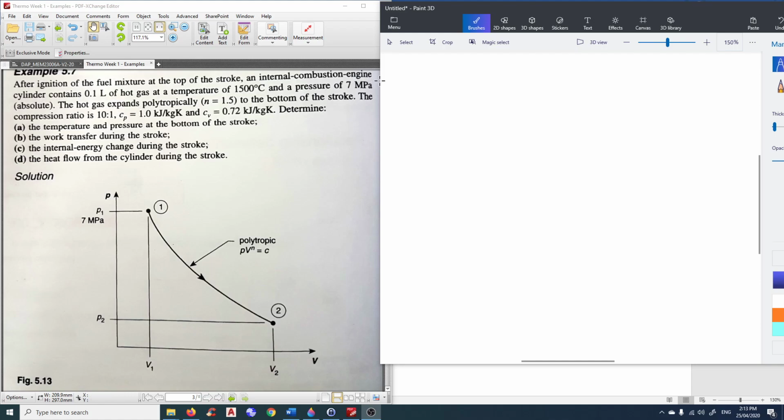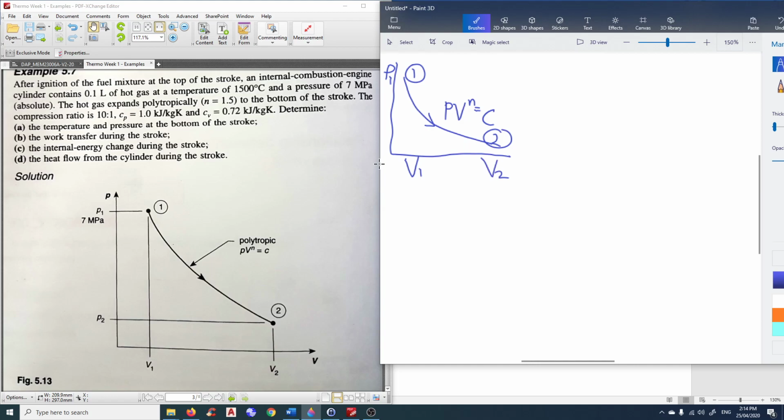I'm just gonna quickly transfer it here. The question defines an expansion because at point 1, the pressure is high and the volume is small, and as we go to point 2, the volume is getting bigger, or expanding.